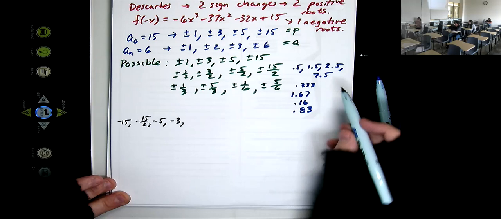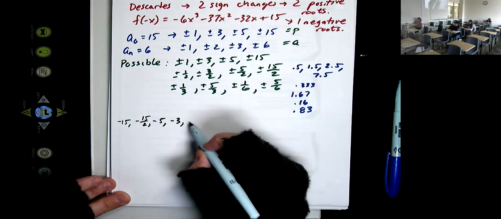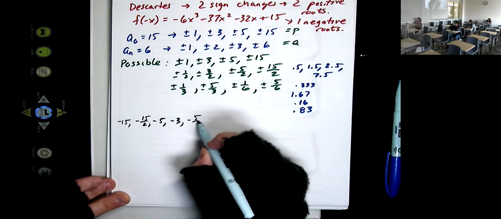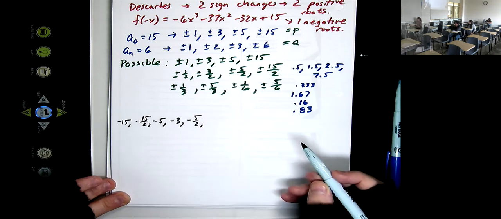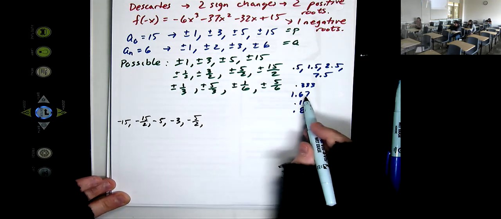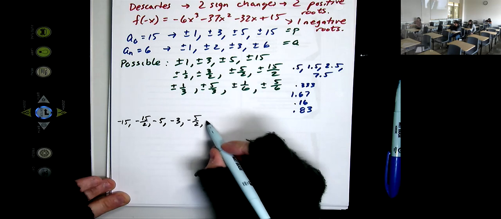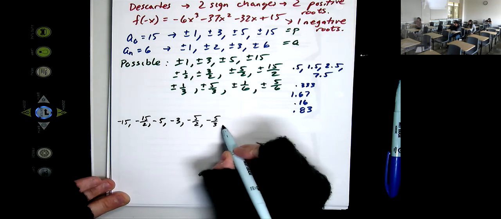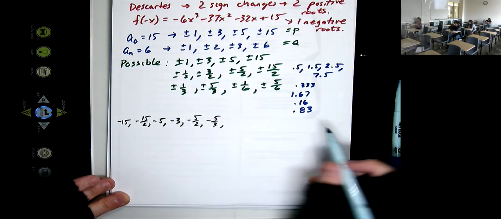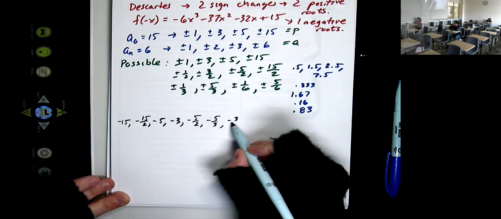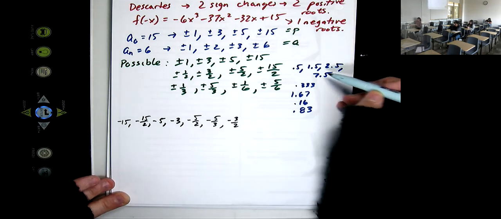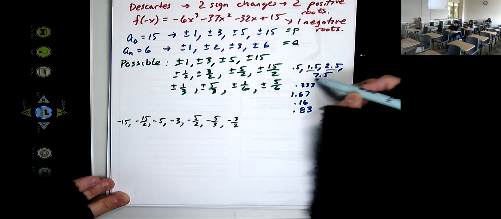Then I've got 2.5 next, which is 5/2. I've got 1.67, which is -5/3. I've got 1.5, which is -3/2. Just underline it as I do them.